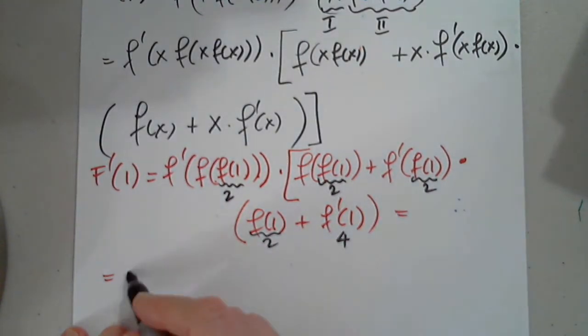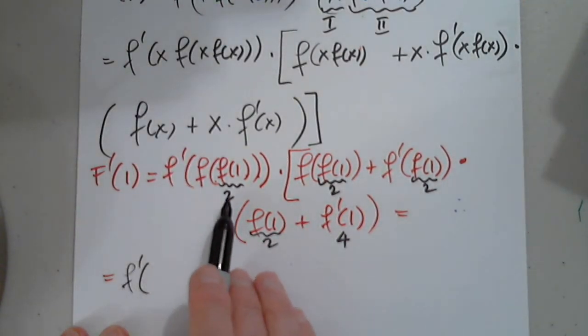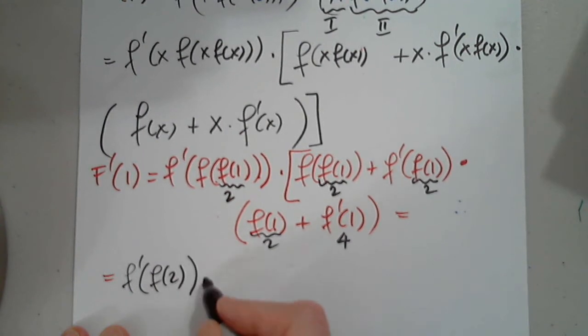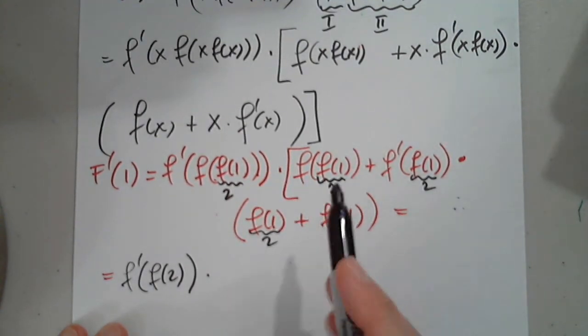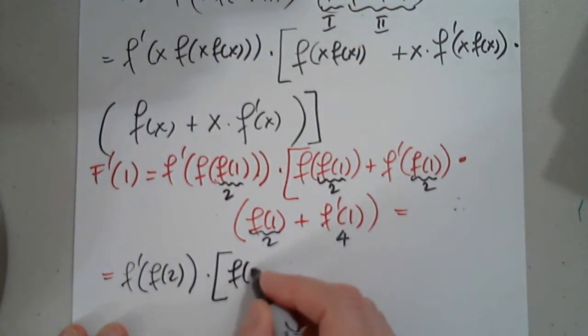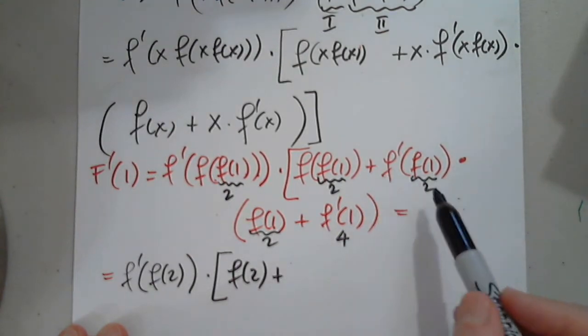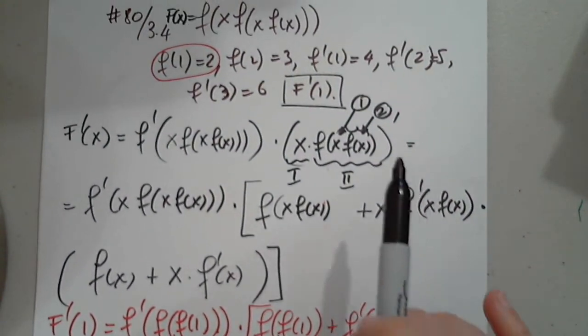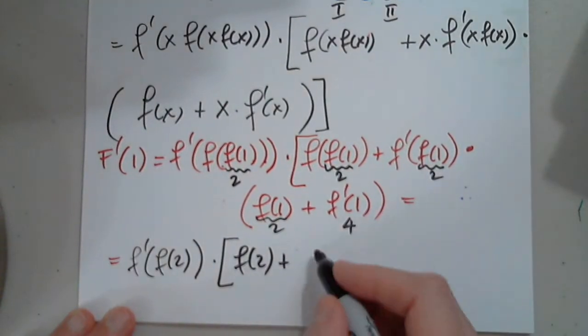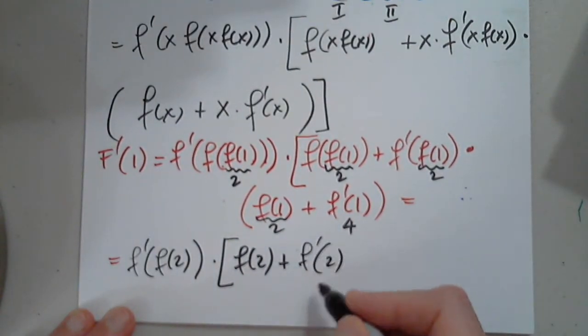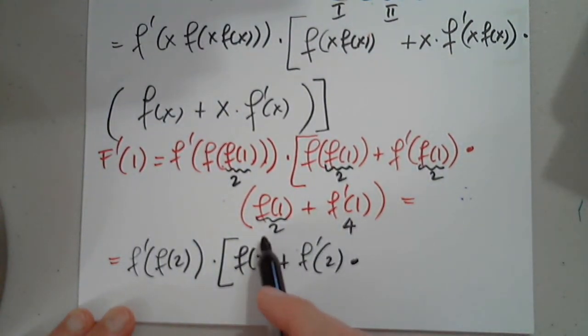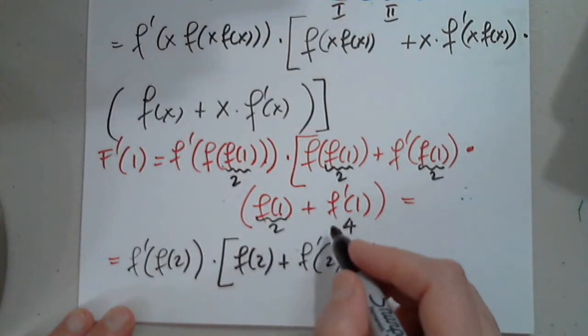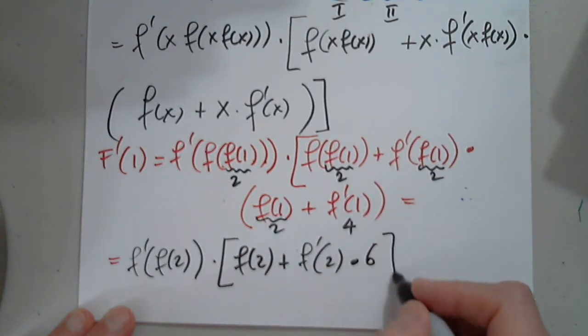So I have f prime of f of 2 times f of 2 plus f prime of 2. Let me write it before I look at it again. f prime of 2. And then times 2 plus 4 times 6.